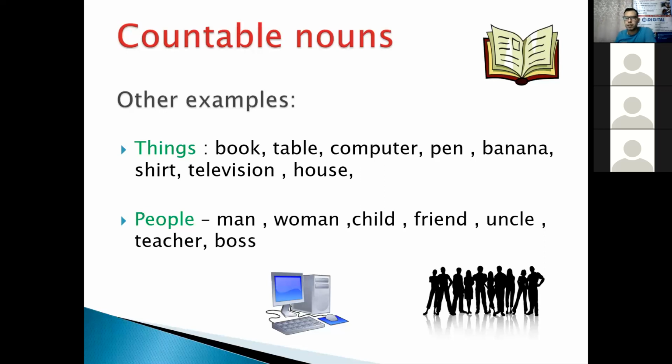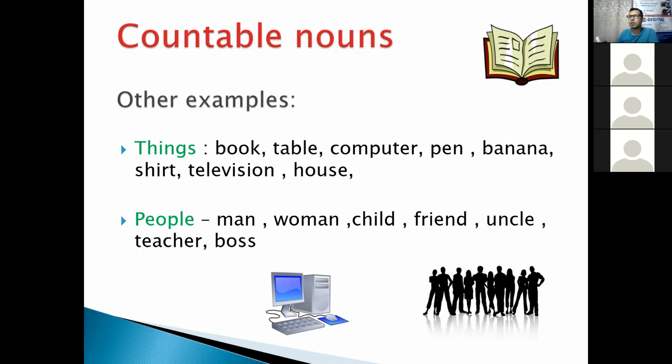Table, computer, pen, banana, shirt, television, house. All those things are countable, and we usually make them plural by adding an S. So we have books, tables, computers, pens, bananas, shirts.